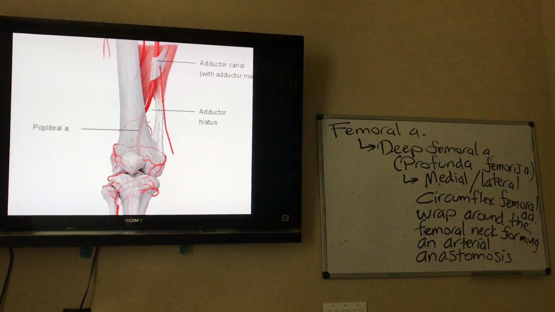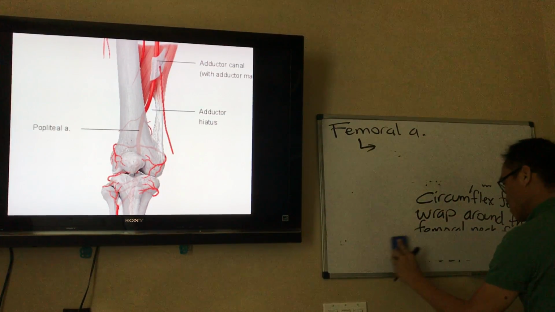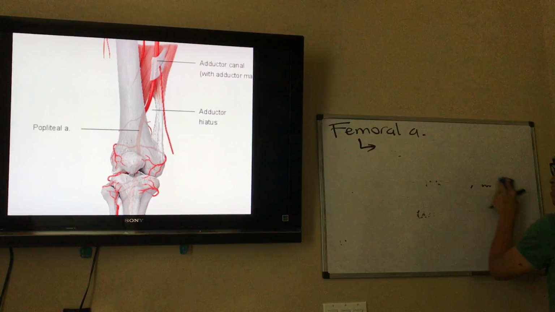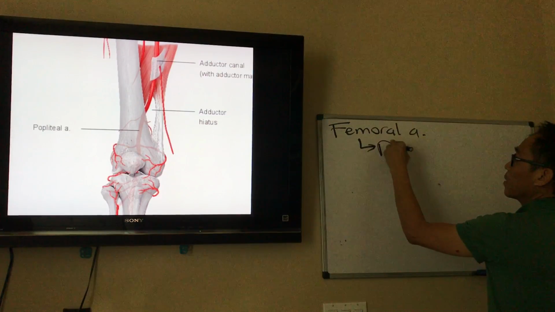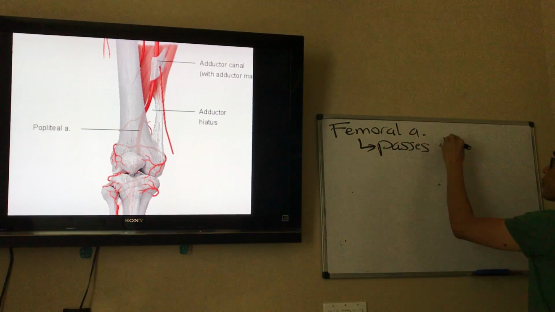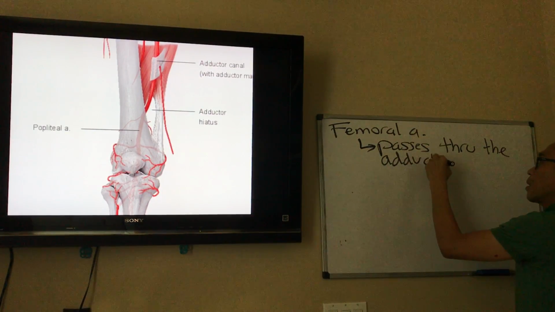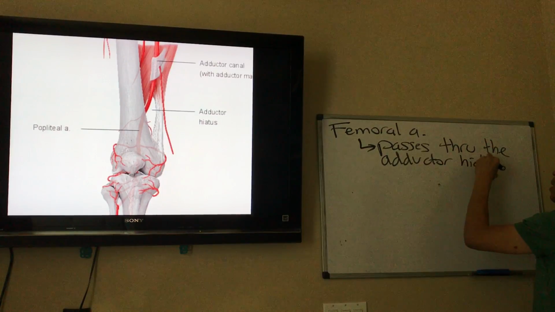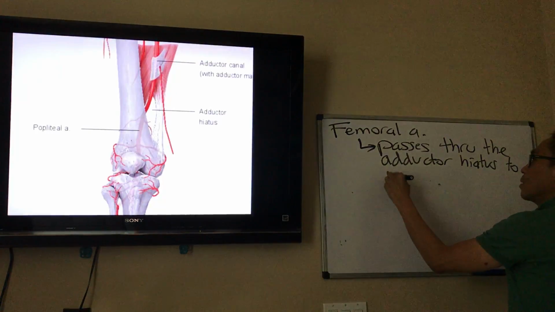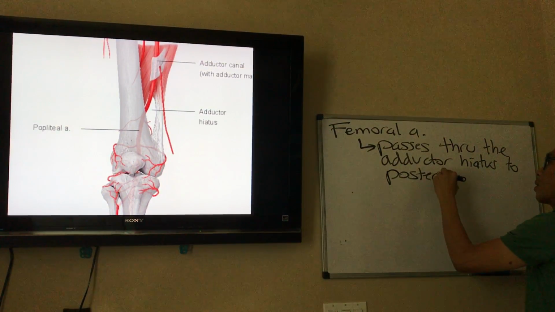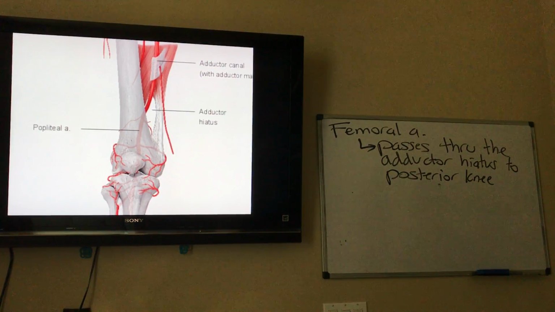So following the femoral artery, femoral artery passes through the adductor hiatus to, I'll call it, posterior knee. And the name changes to popliteal artery.